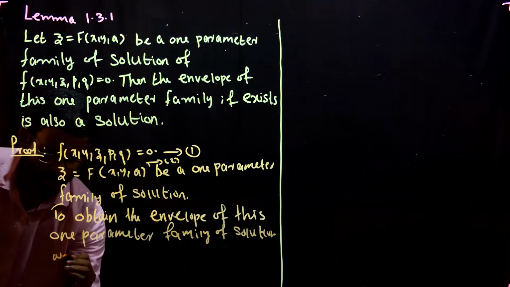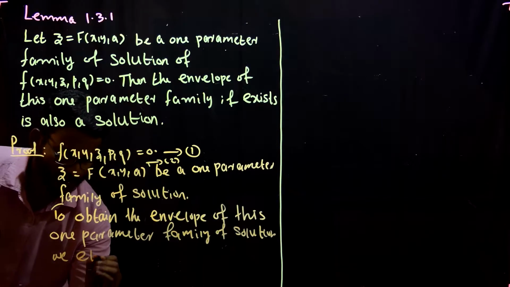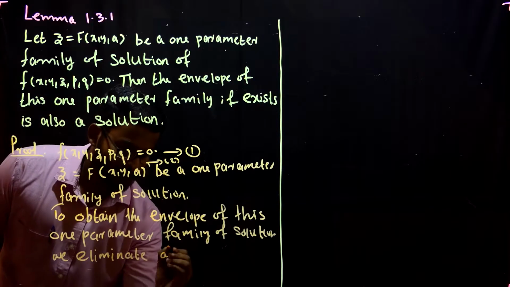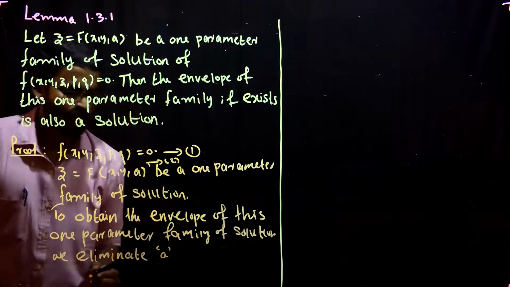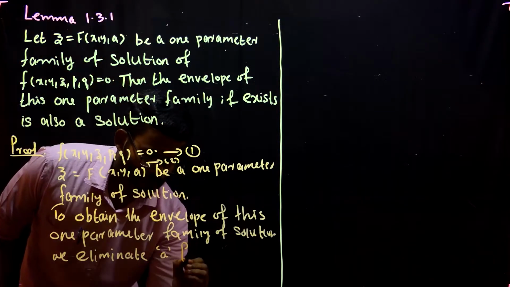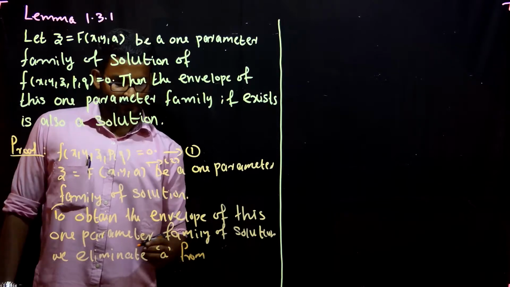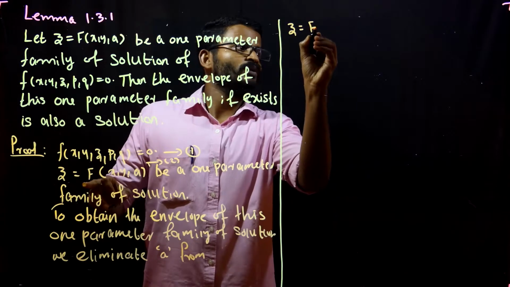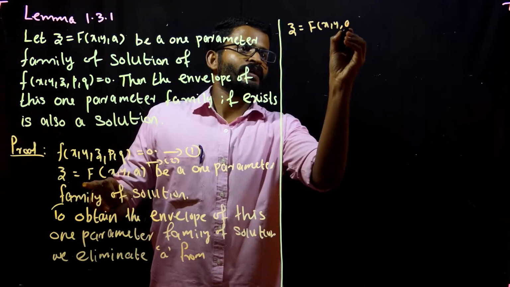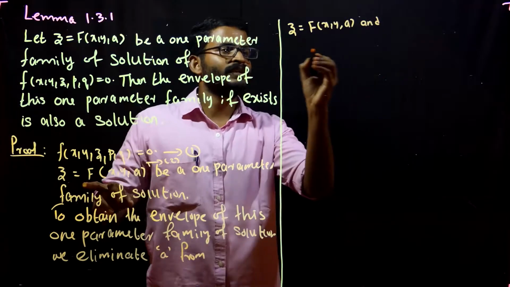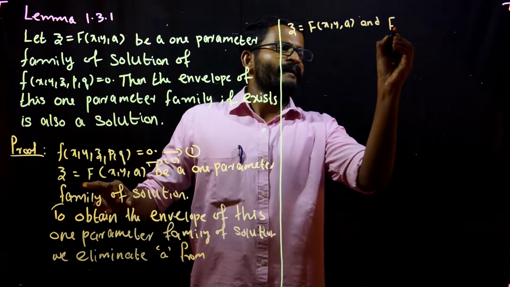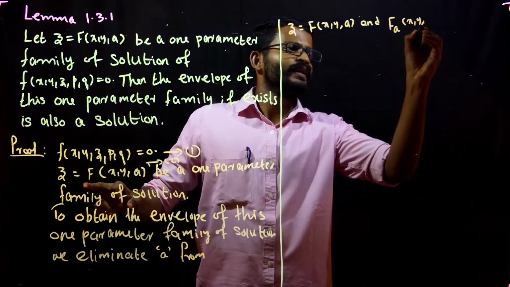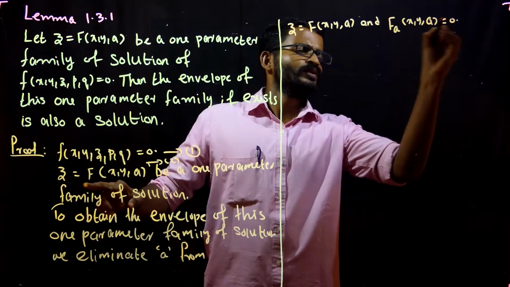We eliminate the parameter a from z is equal to f of x, y, a, and fa of x, y, a equal to 0.